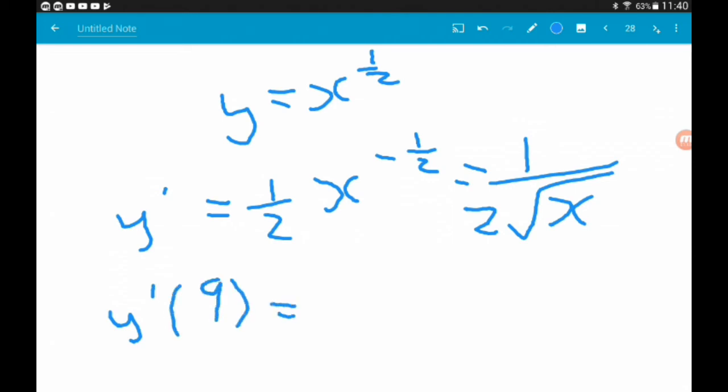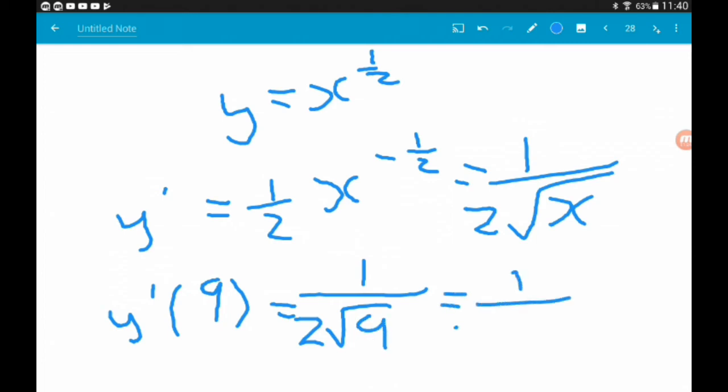That's going to be 1 over 2 root 9, which is 1 over 2 times 3, which is 1 over 6. So the gradient of root x at the point where x is equal to 9 is 1/6.